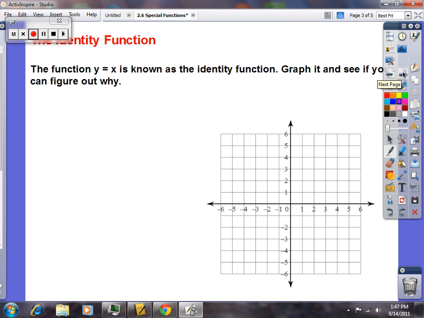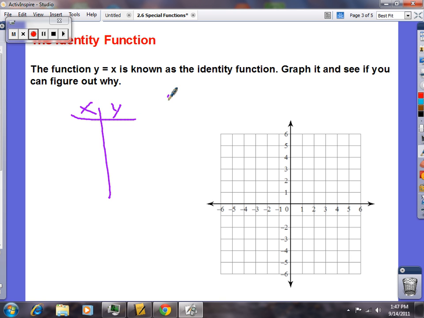Okay, this guy right here. Let's do the identity function. Make a table, x, y. Now your function is y equals x. You've seen this before, and it's kind of intimidating to look at, but it's actually pretty easy. If you do your table, -2, -1, 0, 1, 2. Here we go. Jordan, if you plug a -2 into this function, what is it going to spit out?